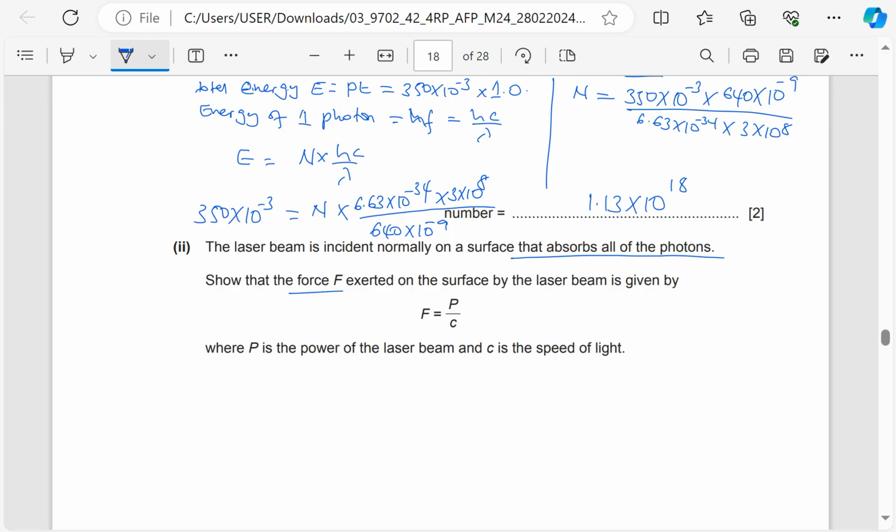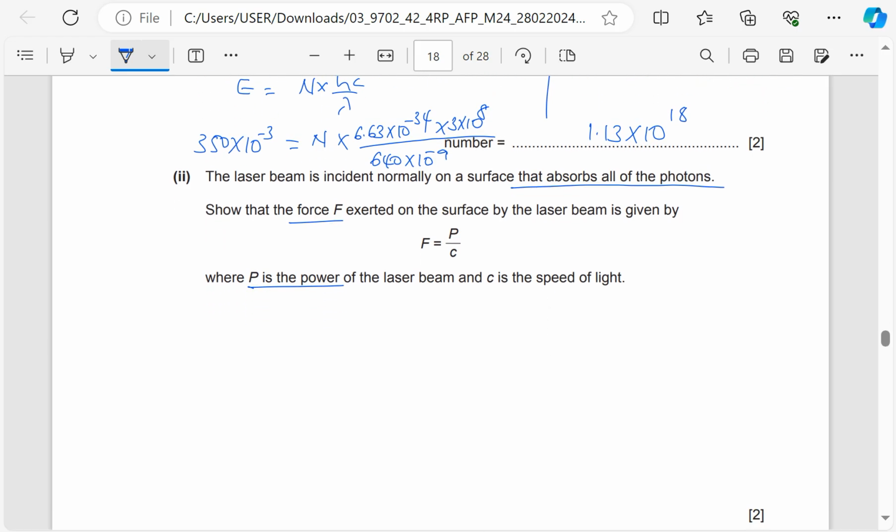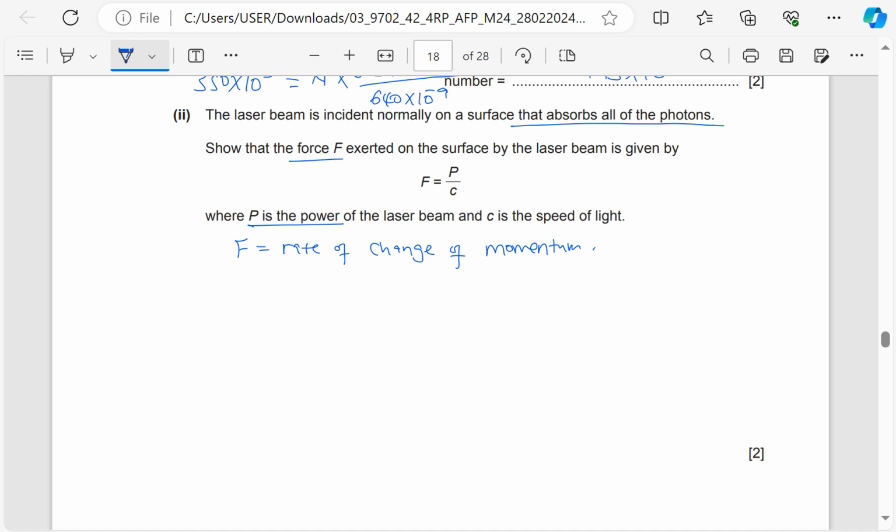The laser beam is incident normal on a surface that absorbs all the photons, so that the force F exerted on the surface by the laser beam is given by F is P over c, where this time P is not momentum, it is power. By definition, we know that force is the rate of change of momentum.